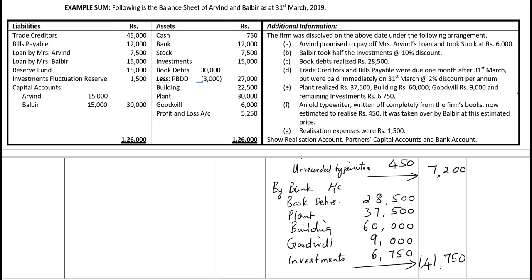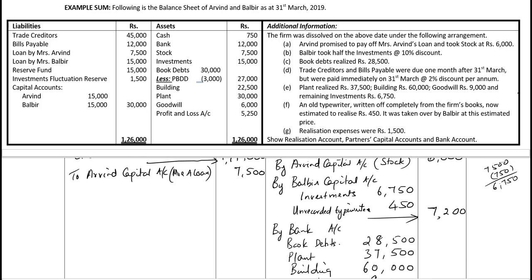Next, let's deal with point D. It says trade creditors and bills payable were due 1 month after 31st March but were paid immediately on 31st March at 2% discount per annum. So it's to bank account. You are paying the creditors and the bills payable.